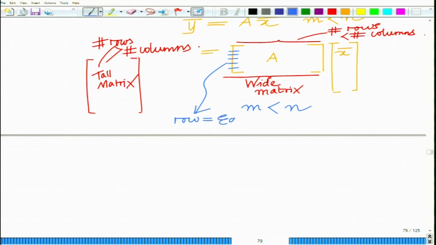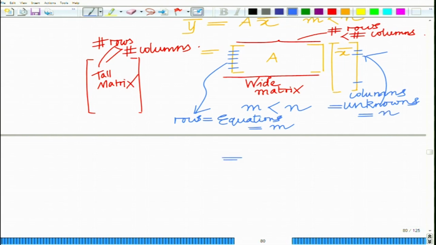Remember, row equals equation, and each element of x, because x is the unknown signal, is an unknown. Each column of A corresponds to an unknown. So rows equals equations equals m, columns equals unknowns equals n.